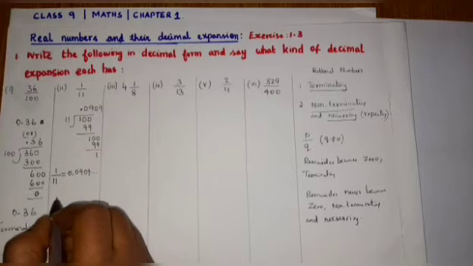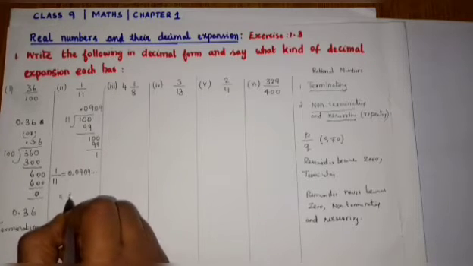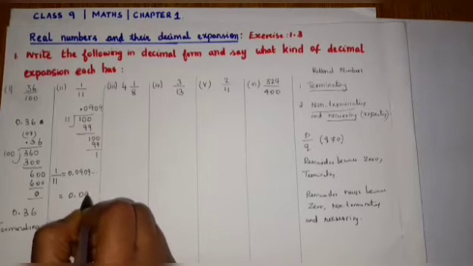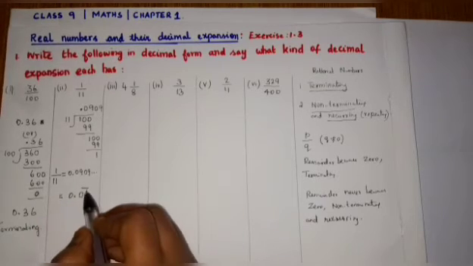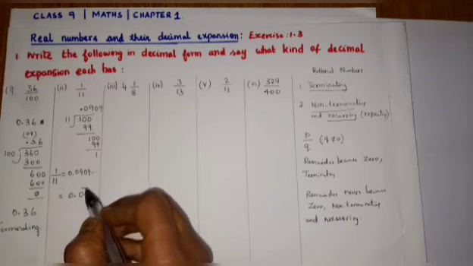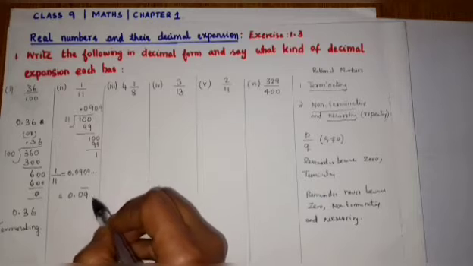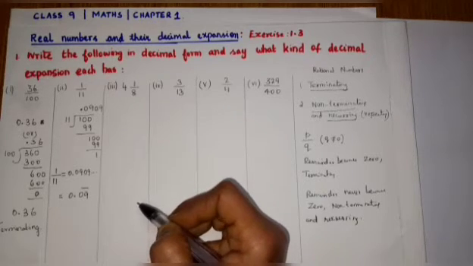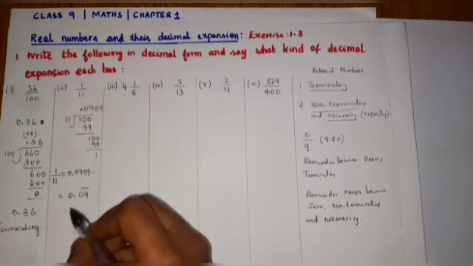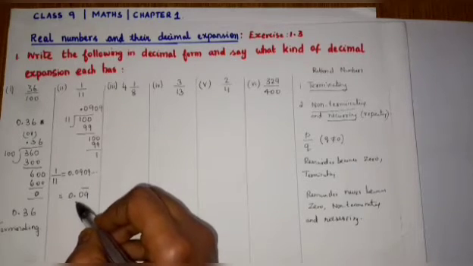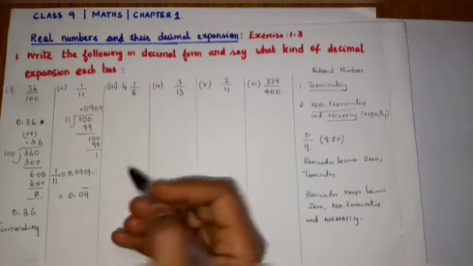The remainder never becomes 0. Therefore this number can be written as 0.09 bar. This bar represents that this block of numbers repeats. Therefore the answer for 1 by 11 is 0.09 bar.